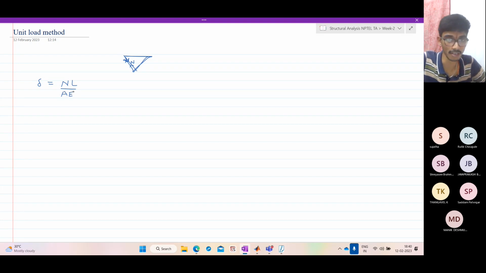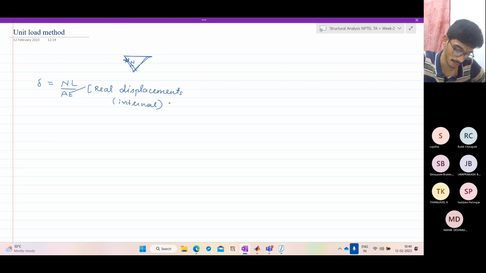This follows just from Hooke's law. N by A is stress, delta by L is strain, so they are related by Young's modulus. This is how it is related. So these are the real internal displacements.